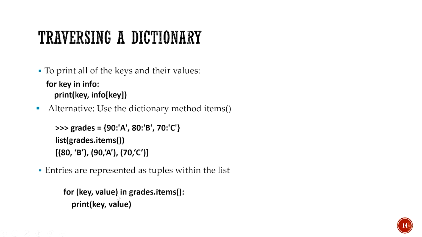In the third example here, entries are represented as tuples within the list. For key and value in grades items, because we know that the result of grades items is a pair of key and value, and then we can print it.